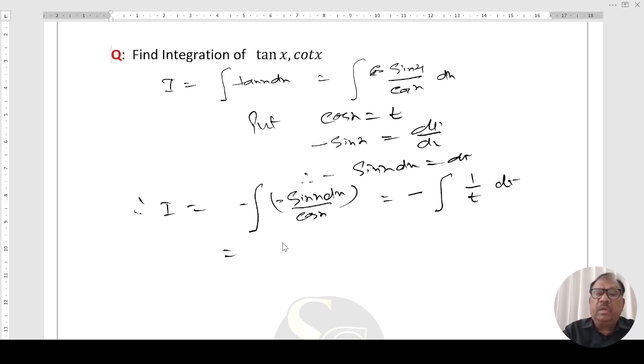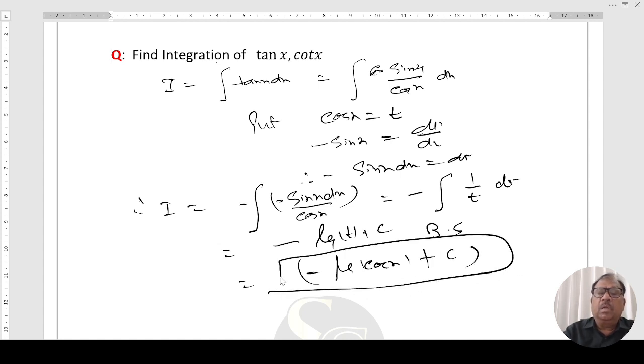On simplification, we get minus log of t plus c. Back substitution, minus log of cos x plus c. What is this answer? Or in terms of sec, we can find it out.